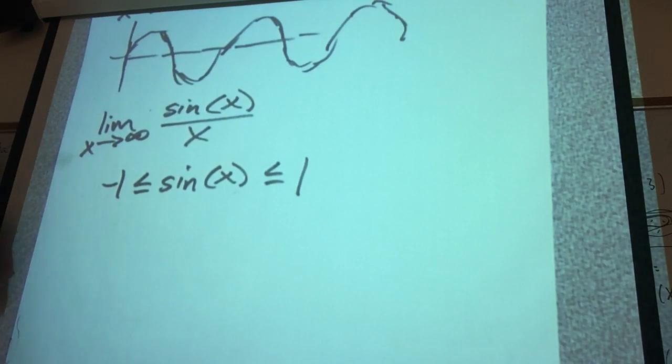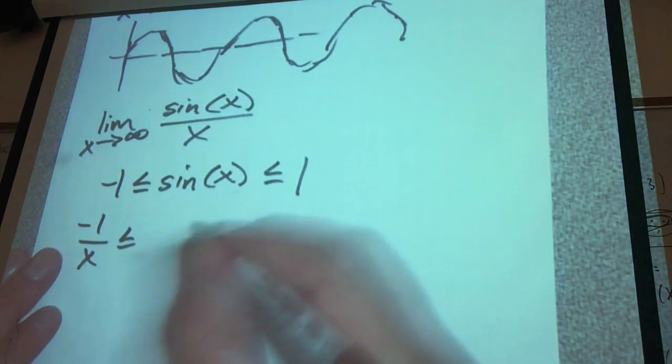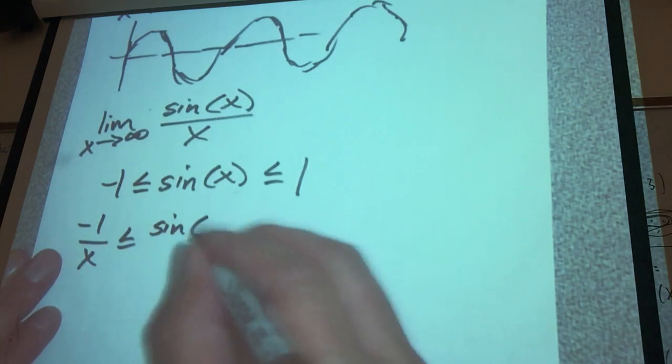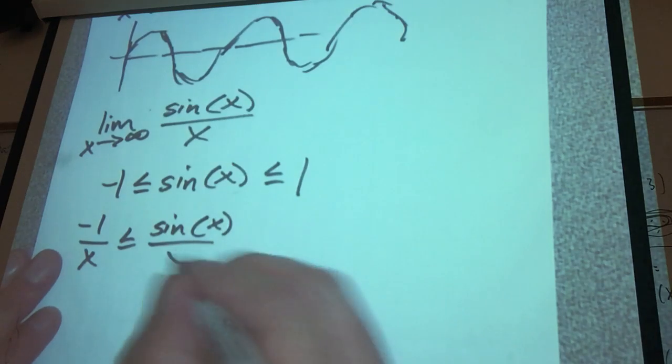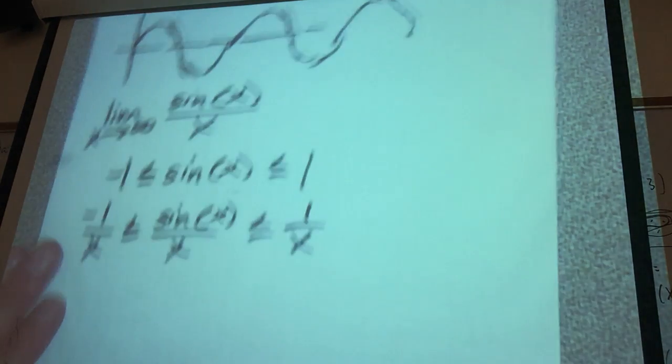On the last problem, I multiplied by x because we were talking about x sine 1 divided by x. But on this problem, -1 divided by x is going to be less than or equal to sine of x divided by x, which is going to be less than or equal to 1 divided by x.